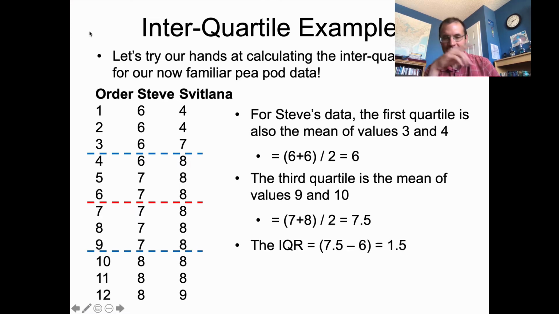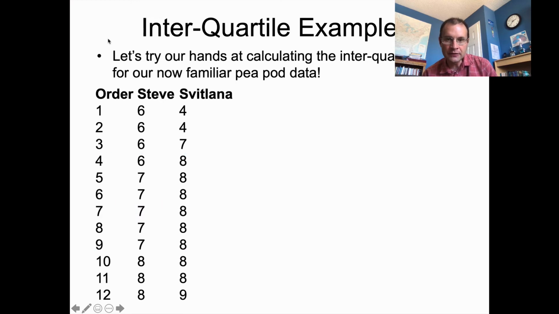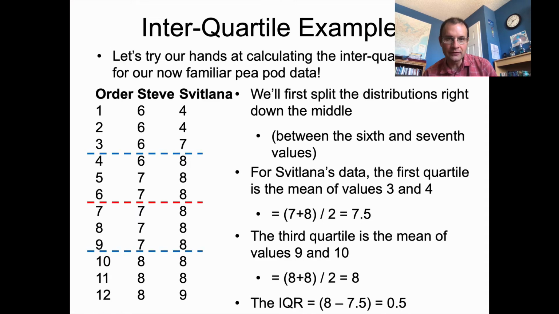I glossed over this on the previous slide, but if you take 7.5 minus 6, that range is 1.5. For Svetlana, the first quartile was 7.5 and the third quartile was 8. So 8 minus 7.5 is 0.5. That's not too hard to figure out, it's basic arithmetic.